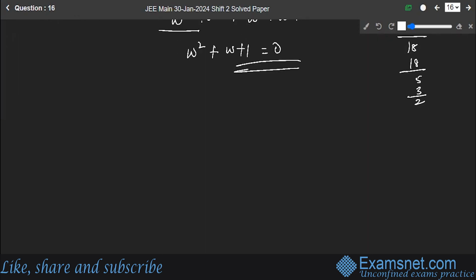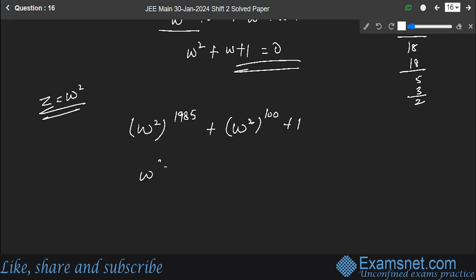Now let's check for Z is equal to omega square. This will be omega square power 1985 plus omega square power 100 plus 1. This is omega power 3970, omega power 200 plus 1. Again, this will be omega power 1323 into omega, and omega power 198 into omega square.